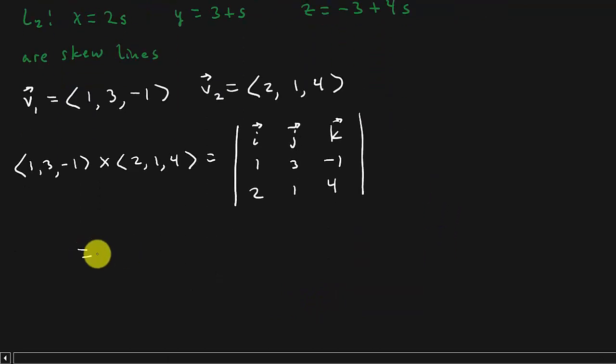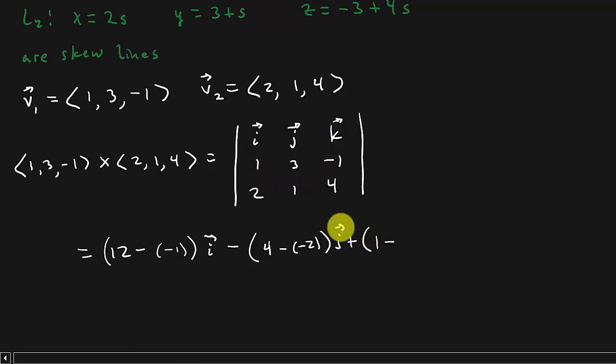So this is going to be 12 minus -1 times vector I, minus, remember the signs change, for vector J, that's 4 minus -2 times vector J, plus, and now for K, that's 1 minus 6 times vector K. And so that is going to give us 13I minus 6J minus 5K.